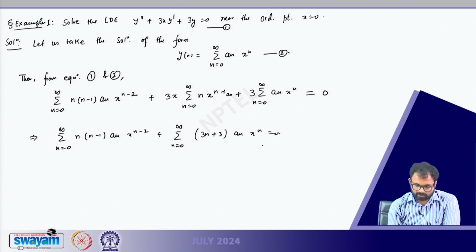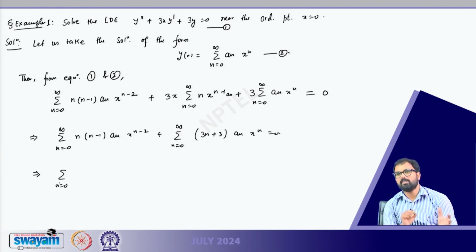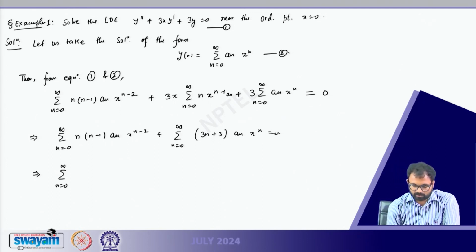Now we'll arrange in this way. Some rearrangement has to be done so that you can equate the coefficients, right. That's what we are trying to do. So, summation n running from 0 to infinity n(n minus 1) a n x to the power n minus 2 plus summation n running from 2 to infinity.